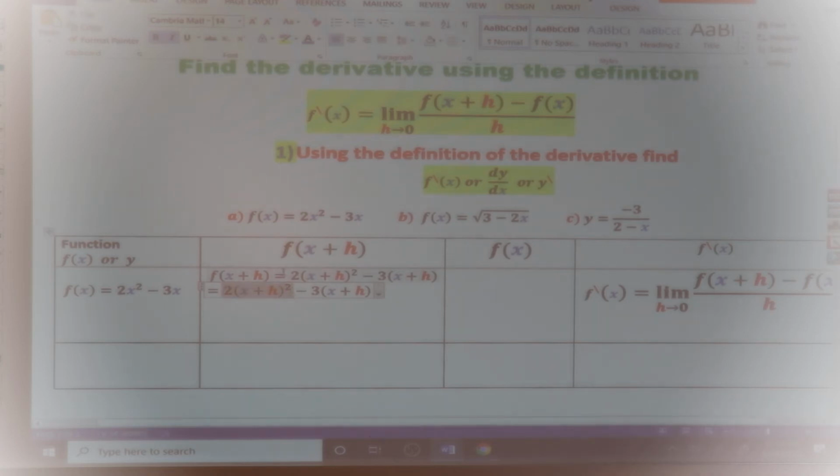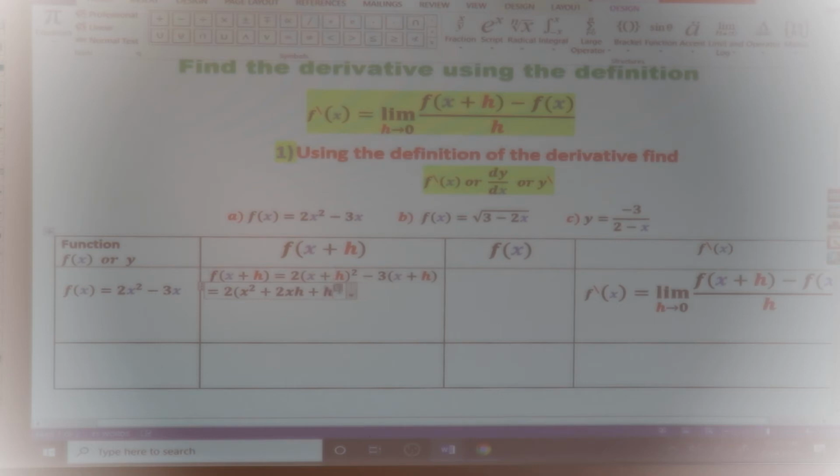I'm going to write it down: 2, x squared plus 2xh plus h squared.